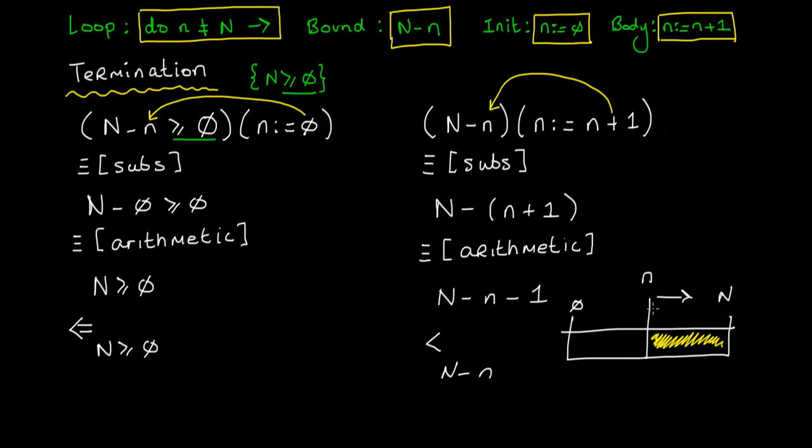That space is shrinking by 1 all the time, and this space, the space that we have already processed, is actually growing by 1 all the time. So it's a decreasing function in terms of the space that we've got left to process. And that's a good thing, because we want that space to eventually be of size 0, to show that we've processed the entire array.